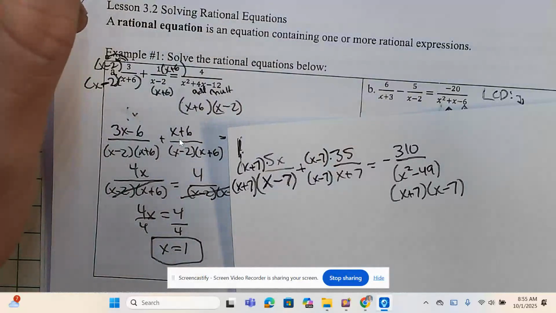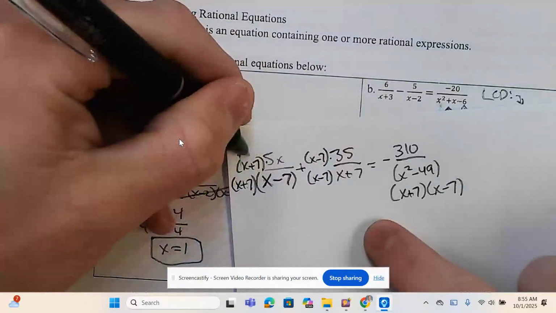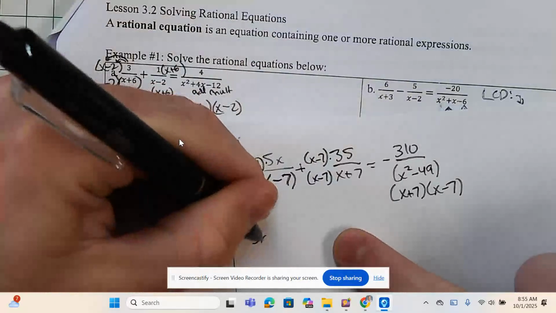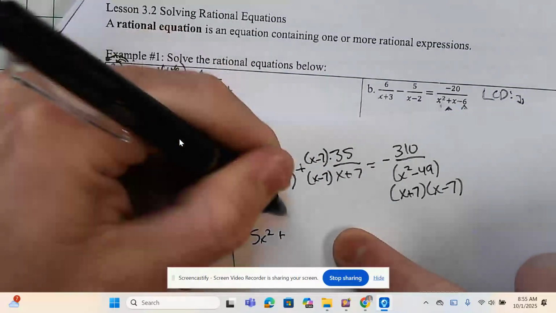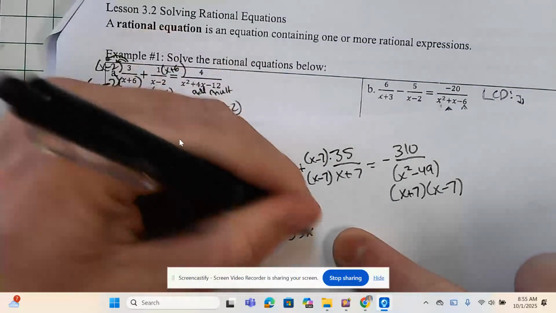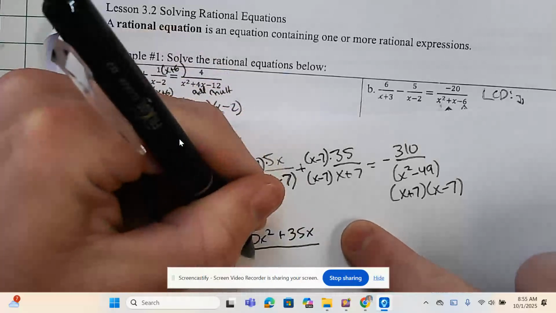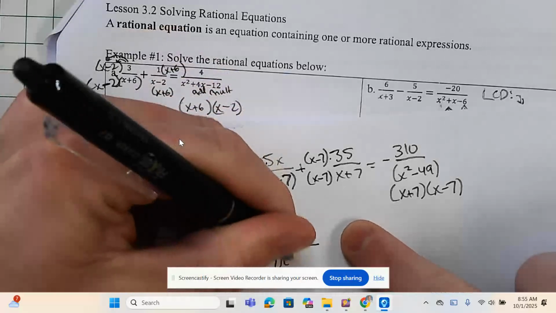Okay. So I'm going to do 5x times all that. This will be 5x squared plus 35x, times x plus 7, x minus 7.